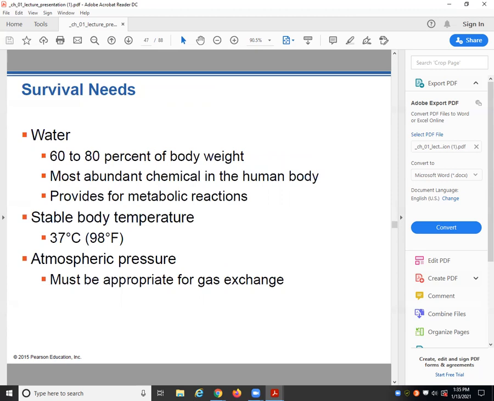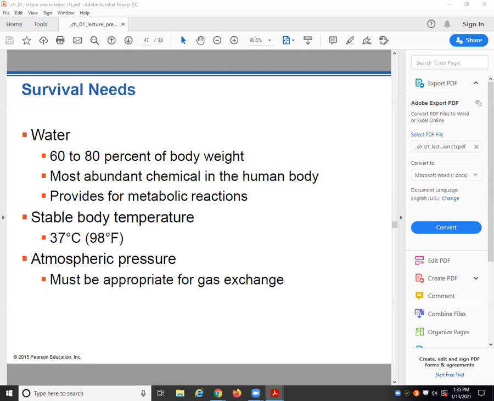Okay, so what are your other survival needs? You need water, you need to have a stable body temperature, you need atmospheric pressure. So water is 60% to 80% of your overall weight. It's the most abundant chemical in your body. Provides for many of the metabolic reactions that happen in your body, in your cells.